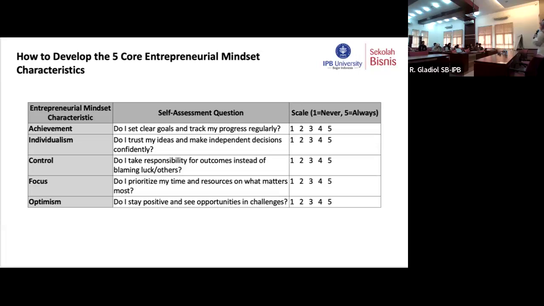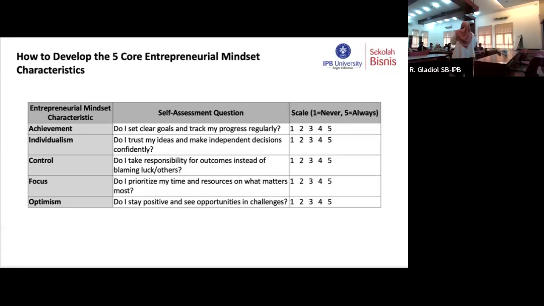In each variable. And then what else? The goal is, for example, all the variables at number 5. You know the gap between your goal of 5 and your current condition. Oh, okay. I know my achievement level is still 3 because I set goals, but it's not that clear.